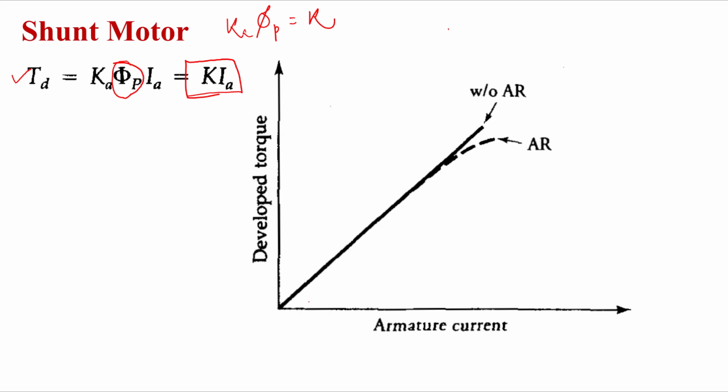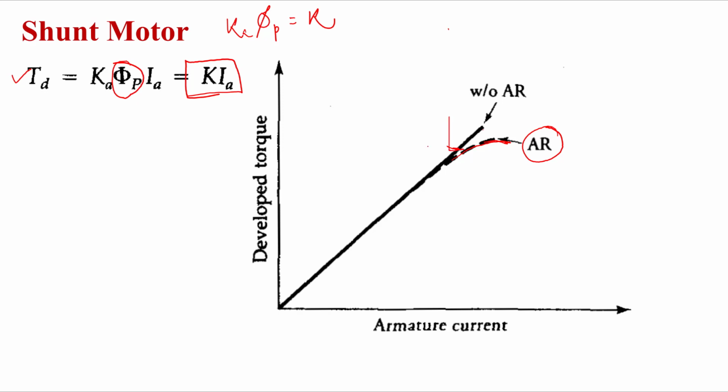Actually it should be a straight line, but because of the presence of armature reaction, if it is not properly counteracted, it will have a curved structure in the full load condition. Under full load the armature current will increase and that will lead to armature reaction, which will cause the torque to decrease.